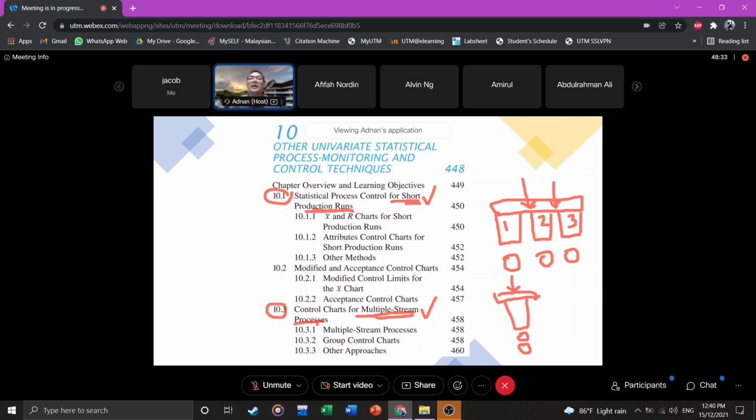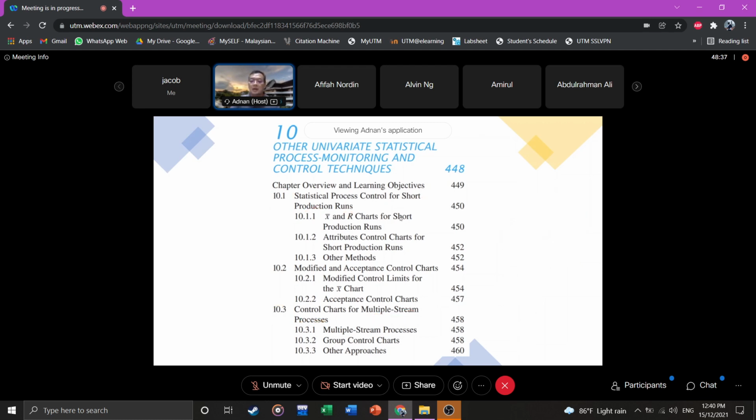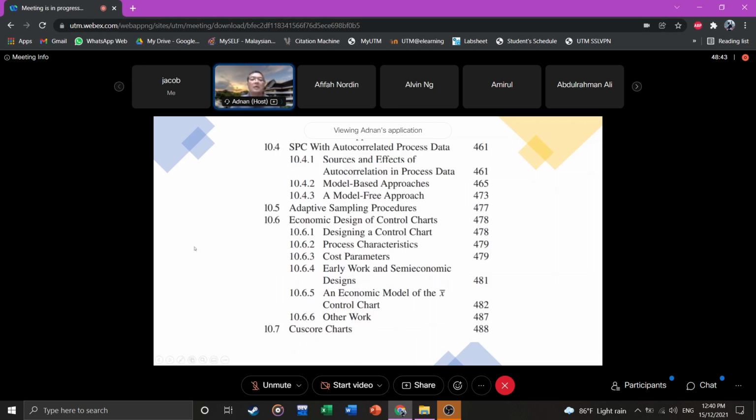Here we also have another challenge, which we call autocorrelated processes. This autocorrelation happens in chemical industries, and also in automation.